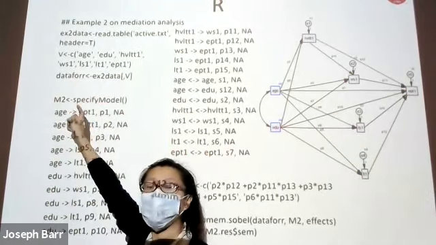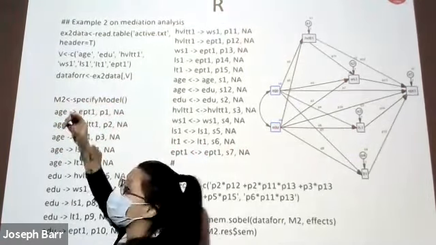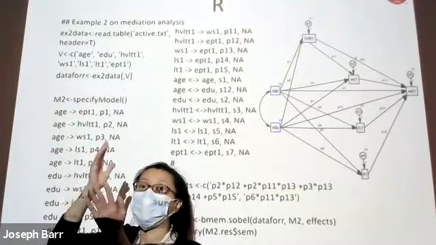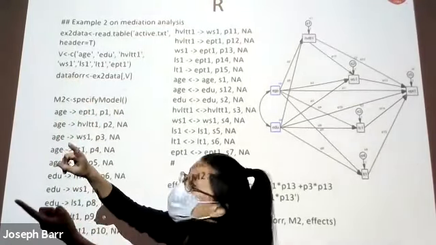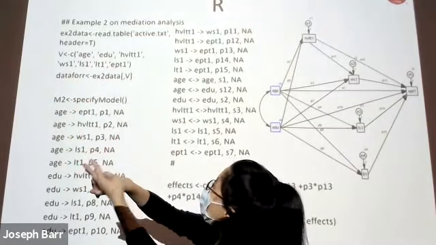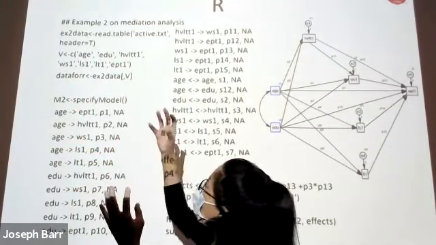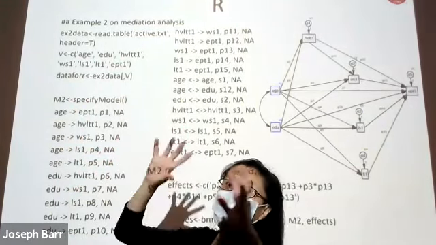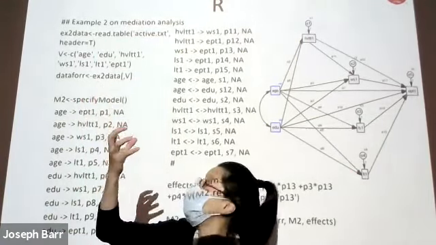This is a basic operation in R. We have the review. If you want to pick some variables from the original data set, you can use that. I'm going to pick age, EDU, HVLTT1, WS1, LS1, LT1, EPT1, those 7 variables from the original data set, and then make a very small data set.